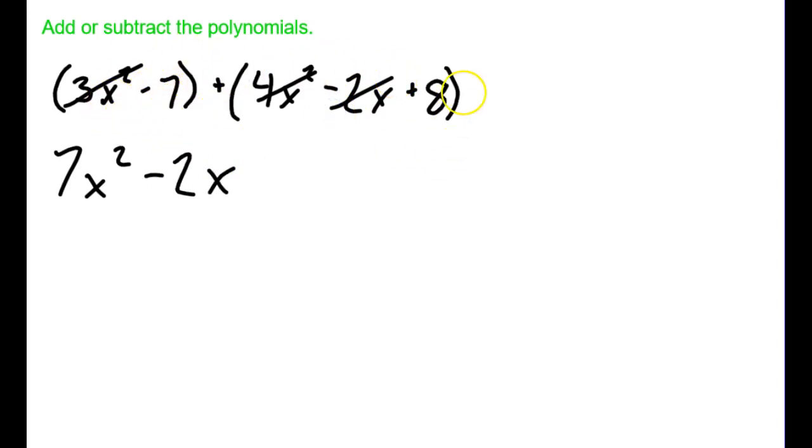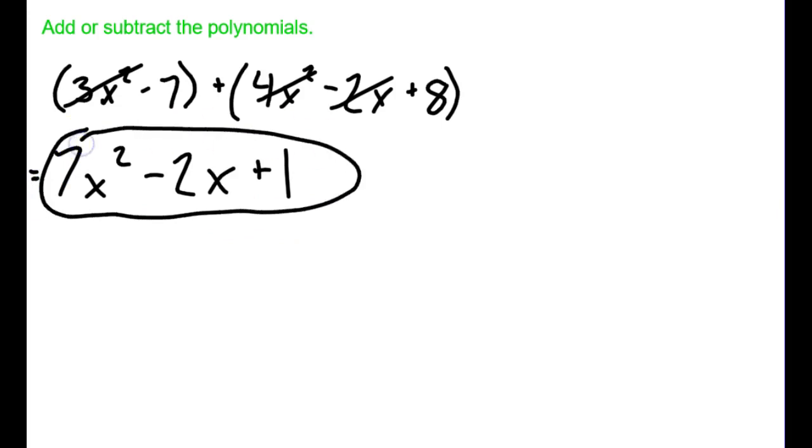Negative 7 plus 8 is a positive 1. So we're looking for any variable raised to a power, any of those like terms, combine the coefficients, and now this is our result. We started with two polynomials. Our result is a polynomial as well. Okay? Polynomials are closed under addition.